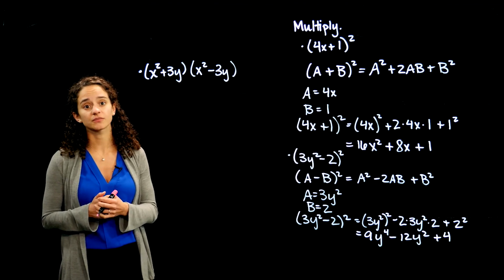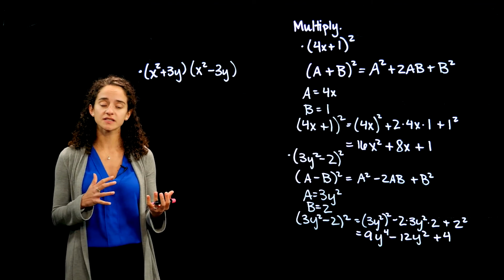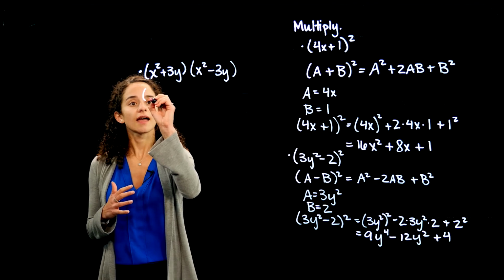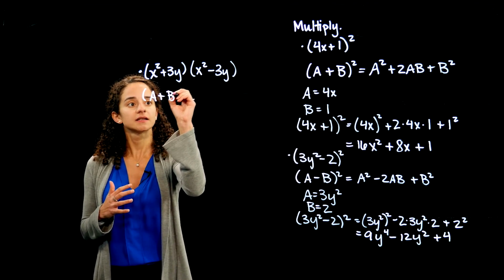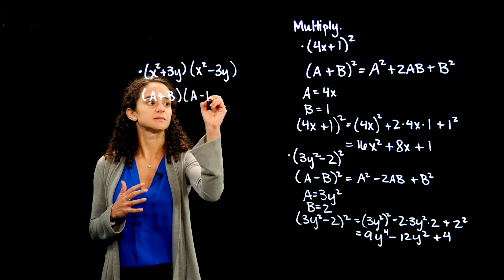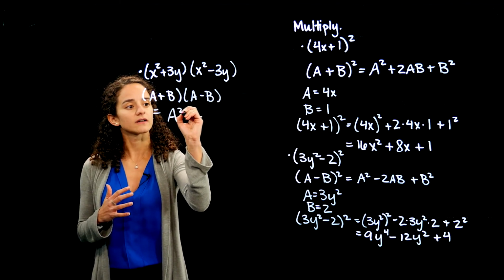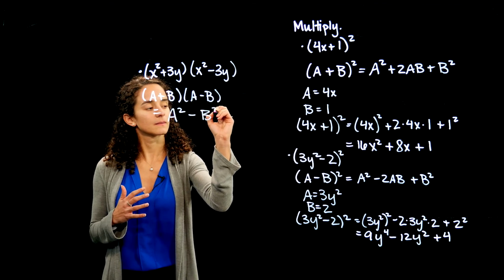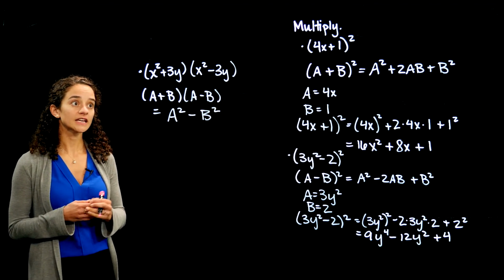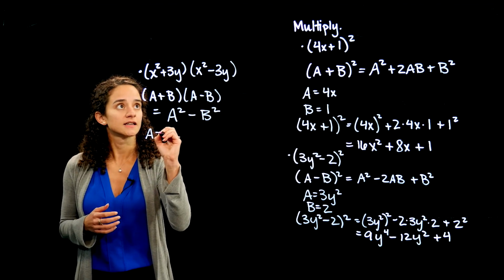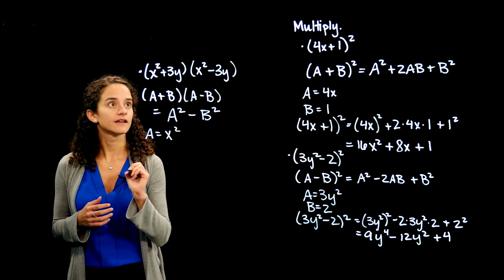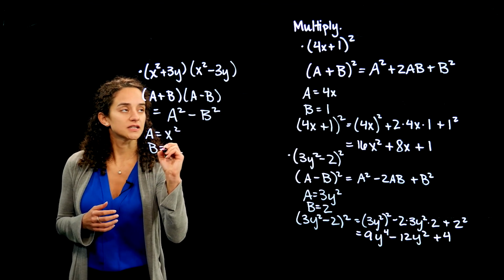It is a special product of binomials, and so it follows the pattern a plus b times a minus b is equal to a squared minus b squared. Here, our a is equal to x squared, and our b is equal to 3y.